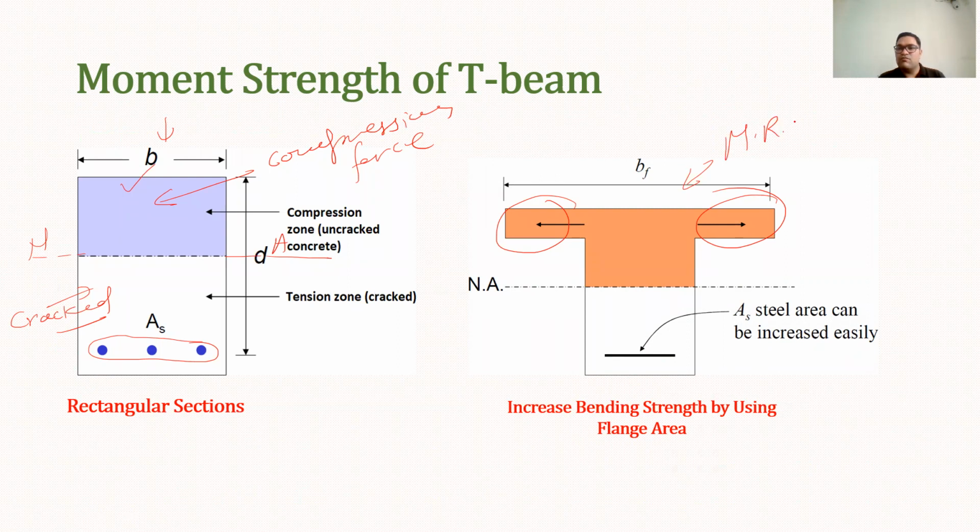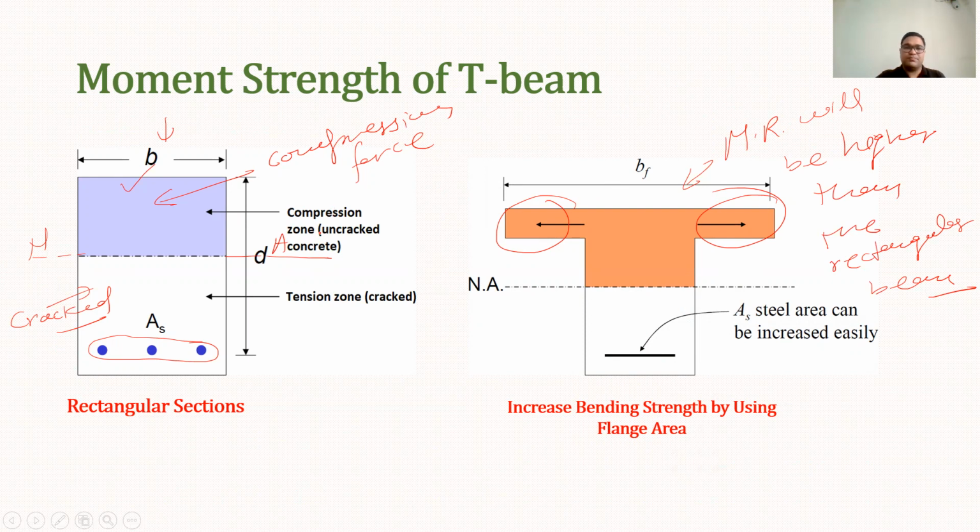So MR will be higher than the rectangular beam. So the moment strength of a T-beam is higher than the rectangular beam because of the higher compression area.